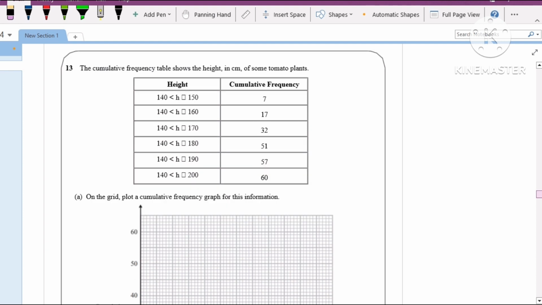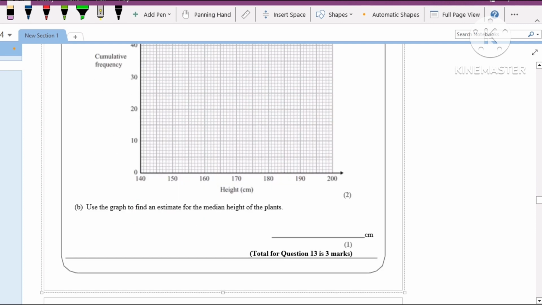You have to fill in the blank as well. So you will write 150, 160, 170, 180, 190 and 200. At 150 the cumulative frequency is 7. So you will draw here at 150 it is 7.